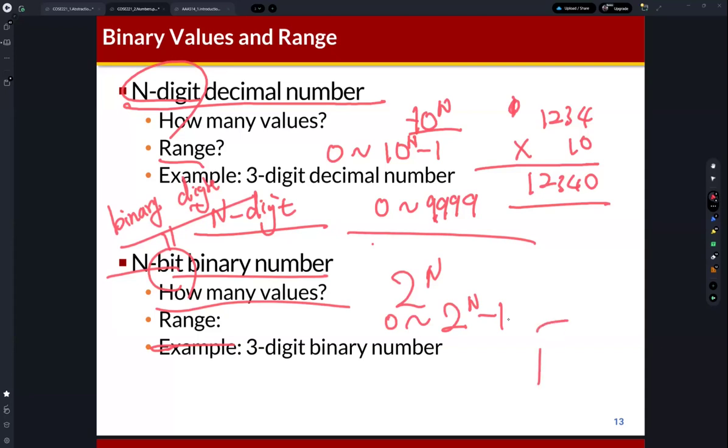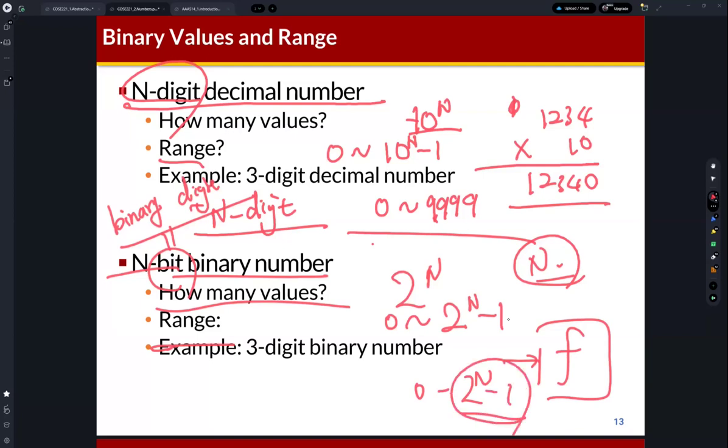So which means, if we design a digital module that can handle n digits of a binary number, then this system can receive the binary number from 0 to 2 to the power of n minus 1. This is the range that can be handled by this digital module.